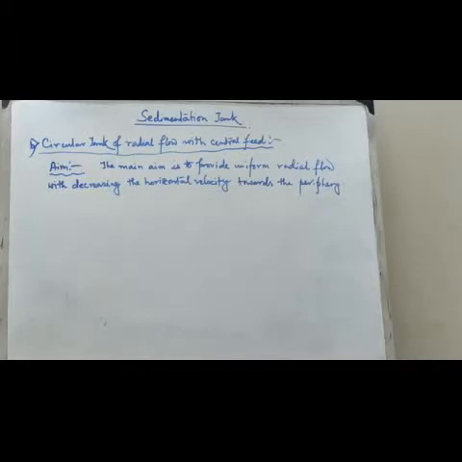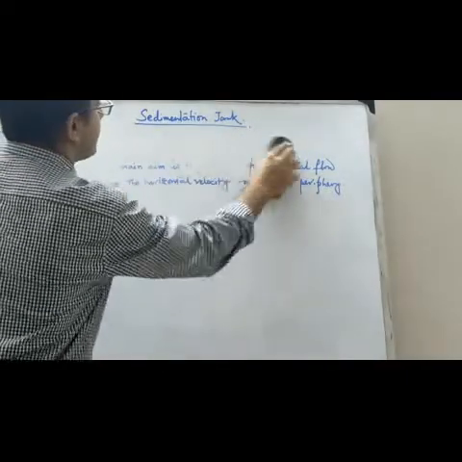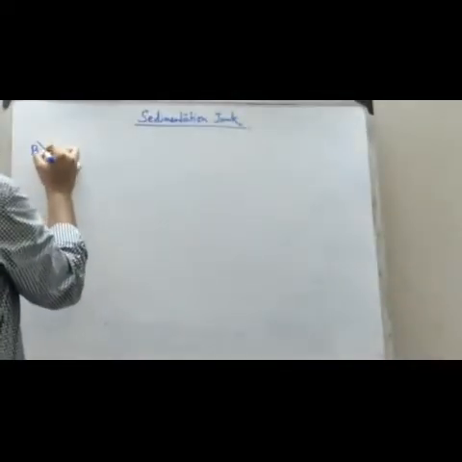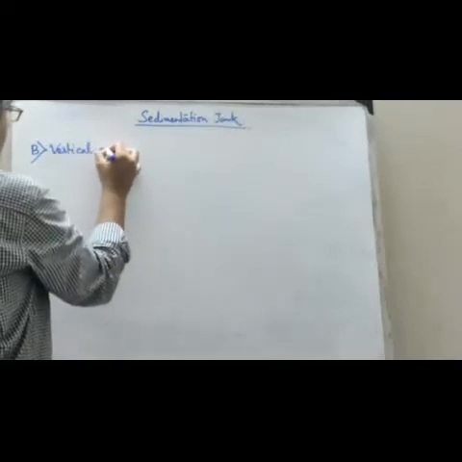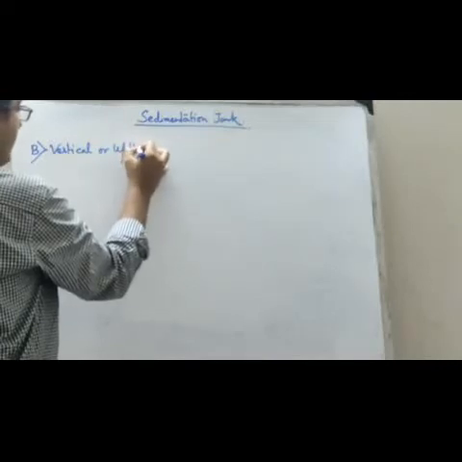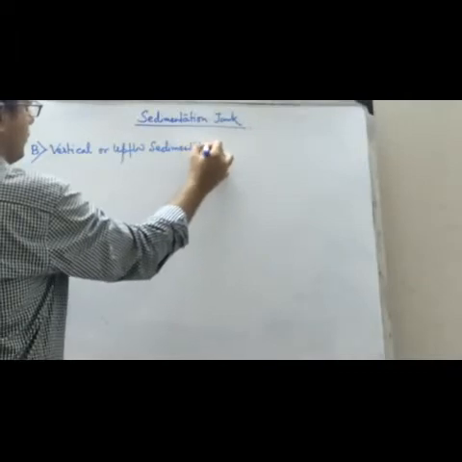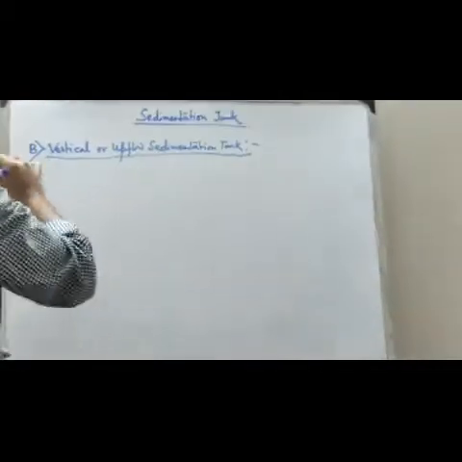Now there is another type of sedimentation tank, that is the vertical or upflow sedimentation tank. So please write down, the second type of sedimentation tank, that is the vertical or upflow sedimentation tank.